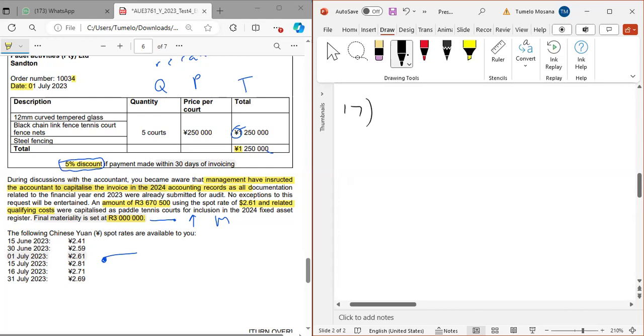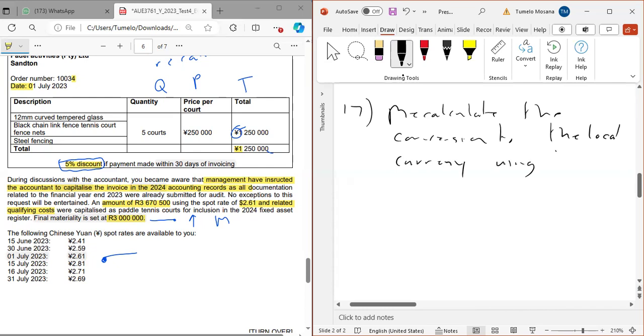So I'm going to add point number 17, where we have to recalculate the conversion to the local currency using the spot rate from the reputable financial service provider, right?